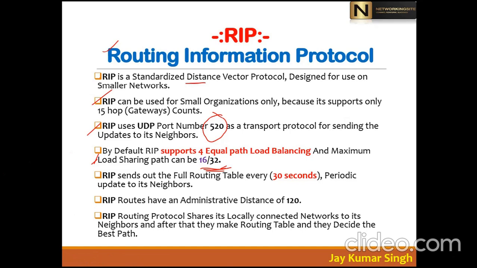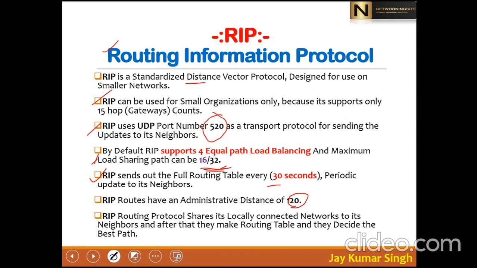Now RIP sends out the full routing table every 30 seconds. It's a periodic message, so whenever RIP wants to communicate with its neighbor it sends a hello message, and that message is sent to the neighbor every 30 seconds periodically. Now RIP uses administrative distance, which is a number given to each routing protocol to determine which is best.